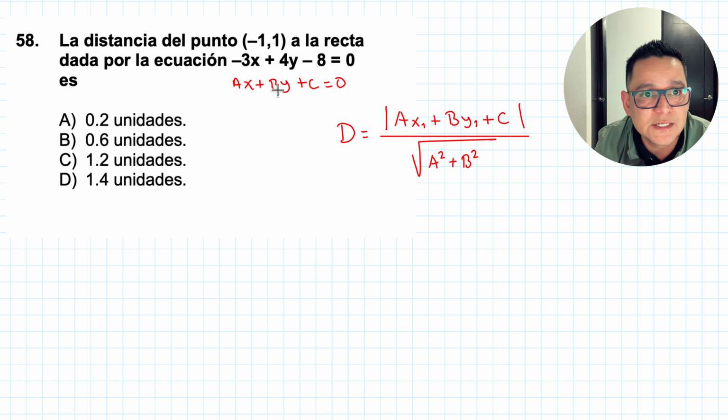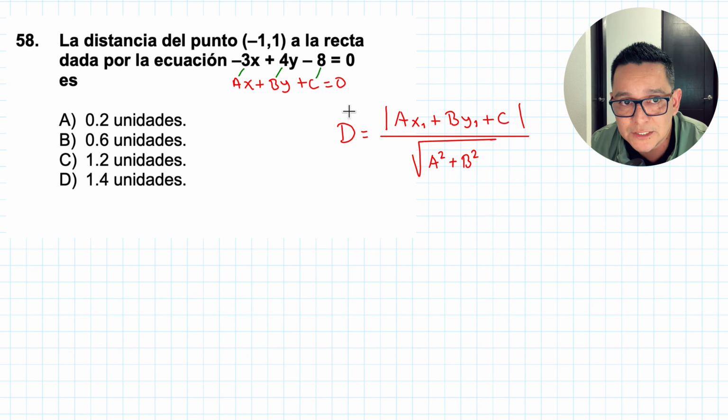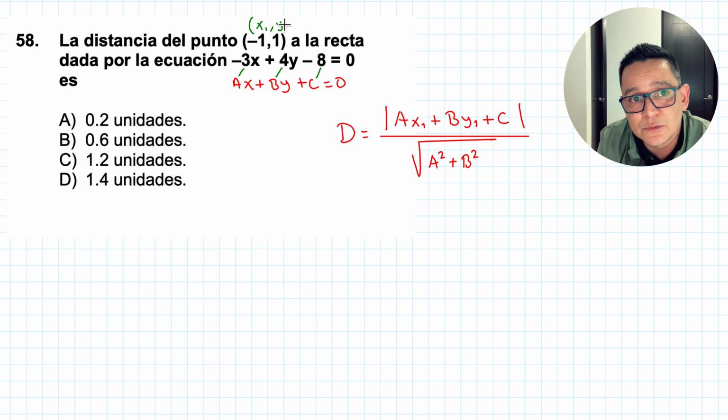As you can see, I already have the values for a, b, and c, right? Now, where do I get the x1 and y1 from? Well, here they are. Look, it's this point. It has coordinates x1, y1, so I already have everything, right? So we're just going to substitute.